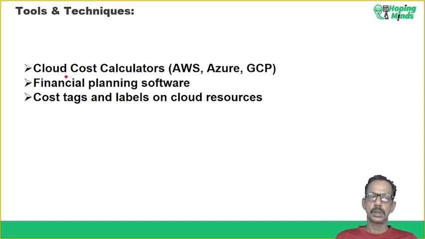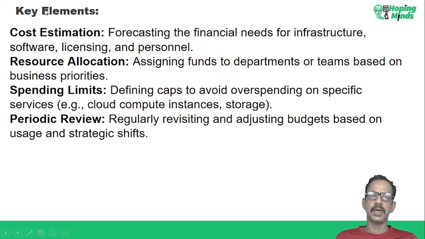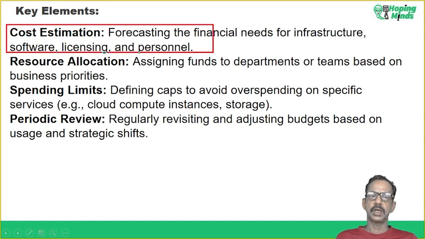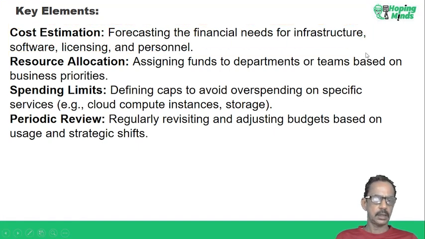What are the tools we have to use in case of any of the providers, either AWS or Azure or GCP? One is a cost calculator, from where we can get the estimate at least. Let's see here.